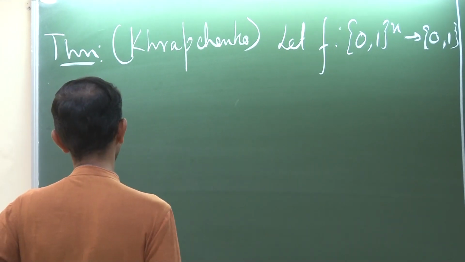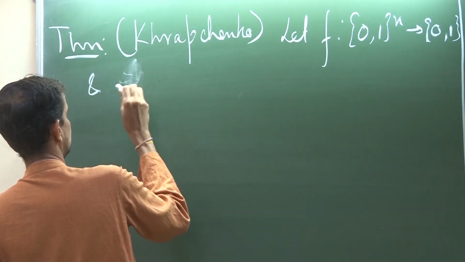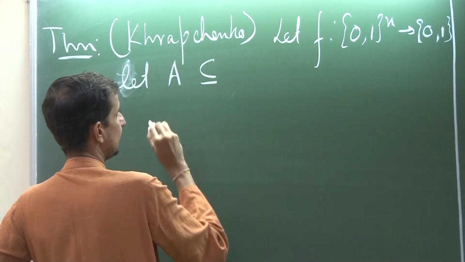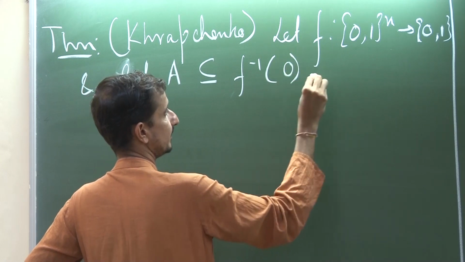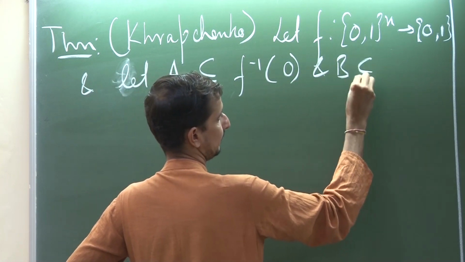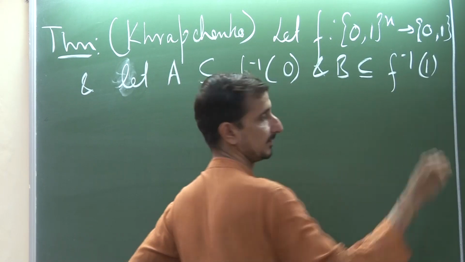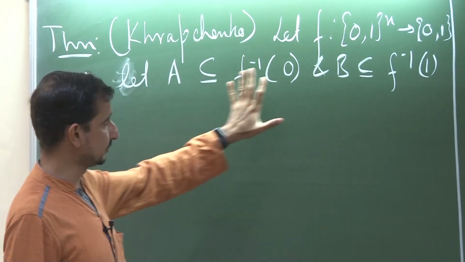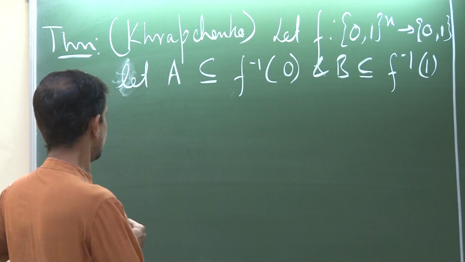So, f is a Boolean function, and let A be a subset of f inverse 0 and B be a subset of f inverse 1. So, basically A is some set of inputs which map to 0 and B is some set of inputs which map to 1.